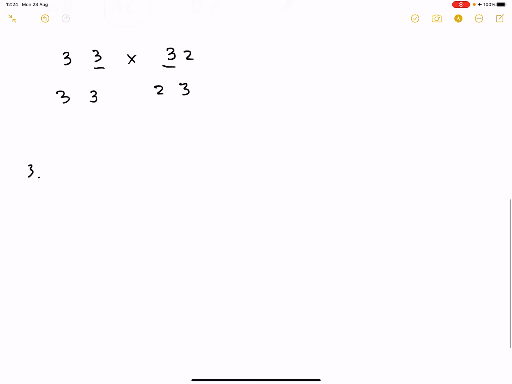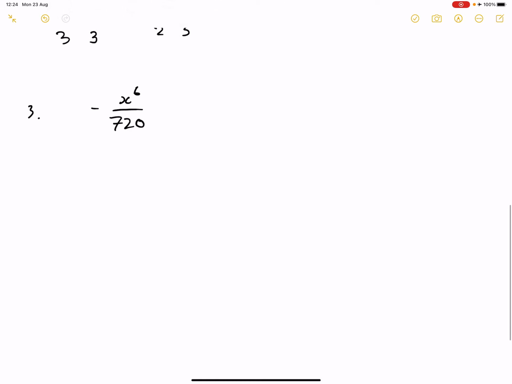Question 3. Question 3 is, which of the following functions has a fourth term of minus x to the 6 over 720 in their Maclaurin series? Good, we like Maclaurin series.